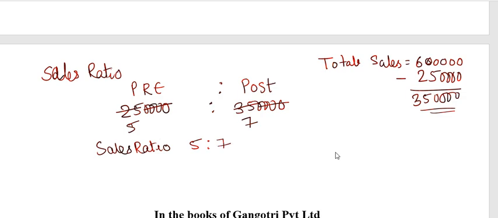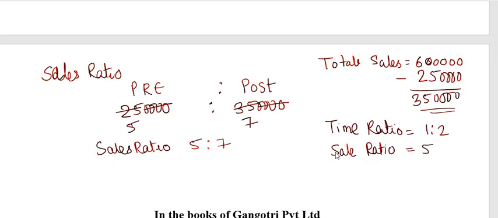Okay, 5:7. So time ratio is 1:2. Sales ratio is 5:7.